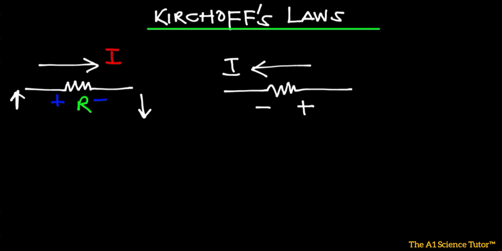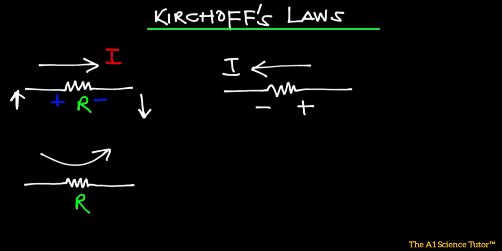Now, how about this one? Let us say that we got a resistor and you wanted to analyze the circuit for various resistors, and you were moving in this direction.